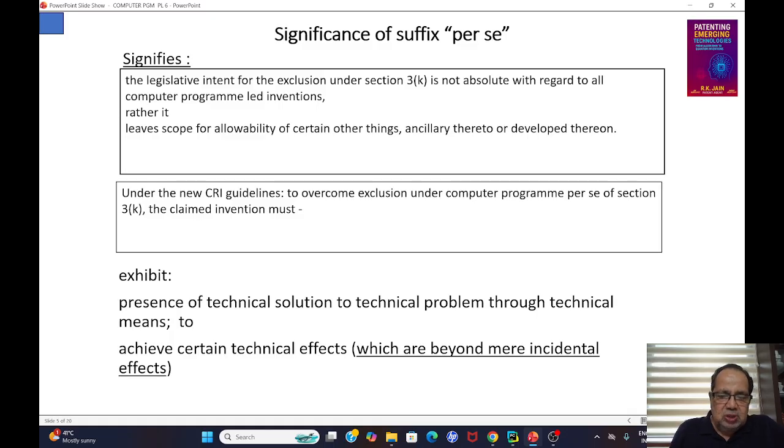That technical solution must be implemented through technical means, and those technical means must exhibit some kind of a technical effect which must be substantial as part of that technical solution. So if an invention has these four aspects, then the said claim would fall under the possibility of patentability.